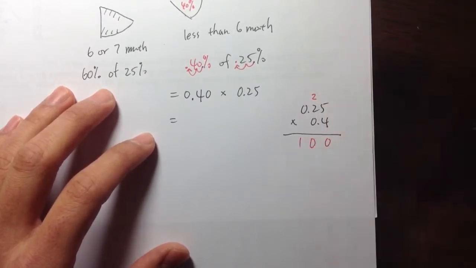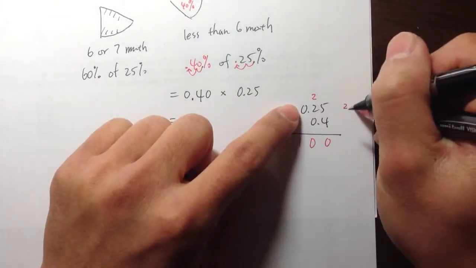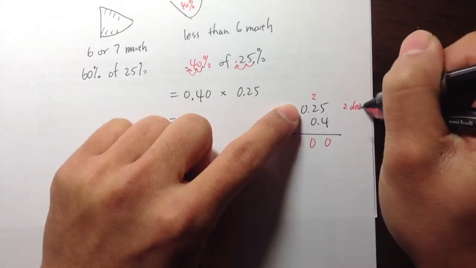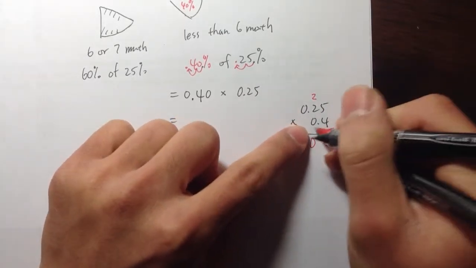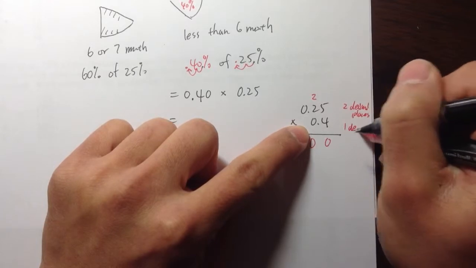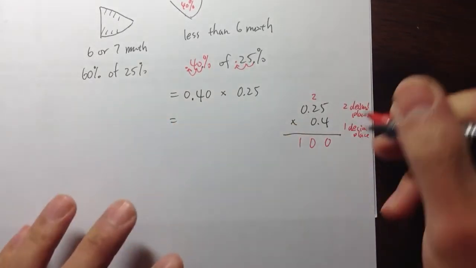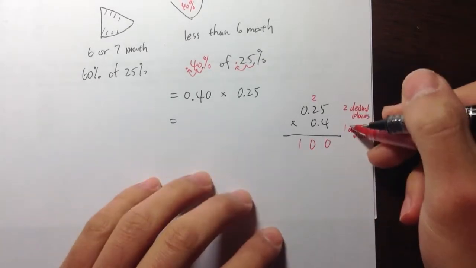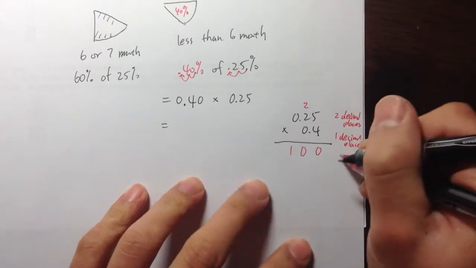So it's 10. Okay, so right here I have 2 decimal places for the first number. And then for the second number, I have 1 decimal place. So total 2 plus 1, I need 3. I need 3 decimal places for my answer.